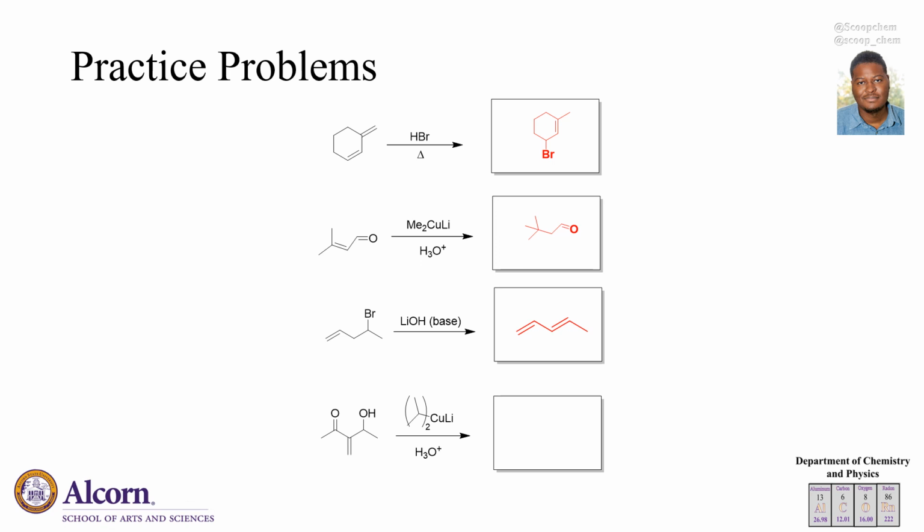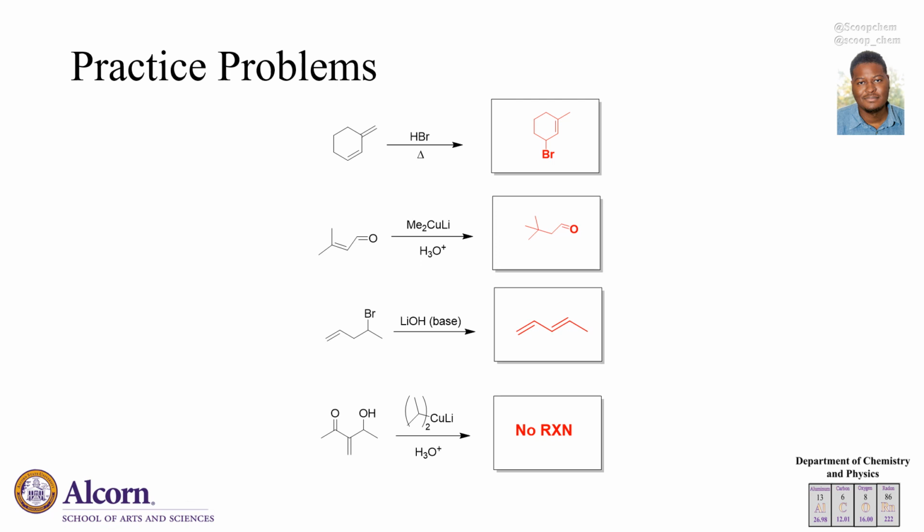And lastly, I have this cuprate with this conjugated ketone alcohol substrate. And here I would get no reaction. This is just a recap of remembering that organic cuprates, organic metallic reagents as a whole, are not compatible with protic H's.